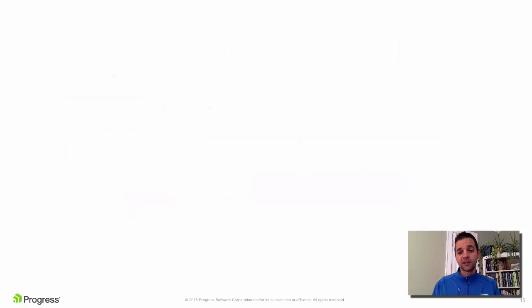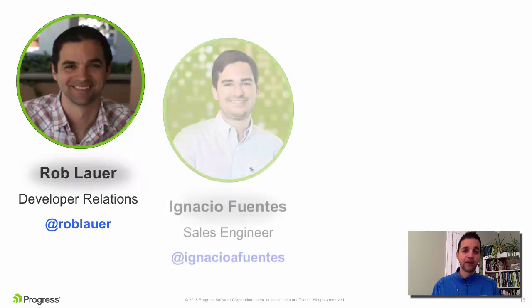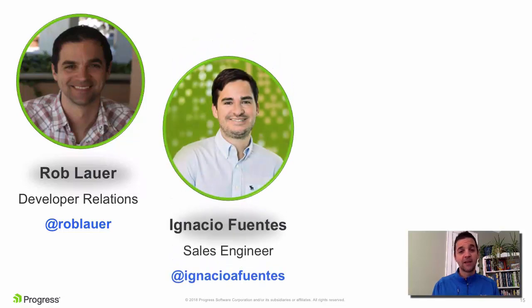All right, let's introduce our speakers today. The first is a guy you've already heard speaking for a while. That's me. My name is Rob Lauer, and I run the Progress Mobility Developer Relations team. You can find me on Twitter at Rob Lauer if you want to connect later. Next is Ignacio Fuentes. Ignacio is a senior sales engineer here at Progress and is an expert on a variety of our tools and services like Kendo UI and Kinvey.